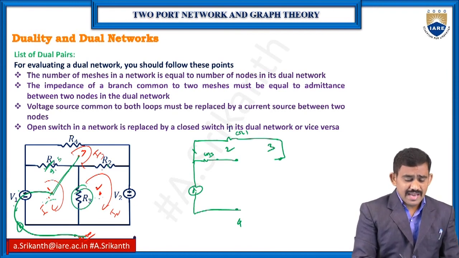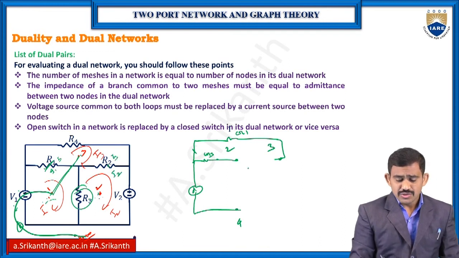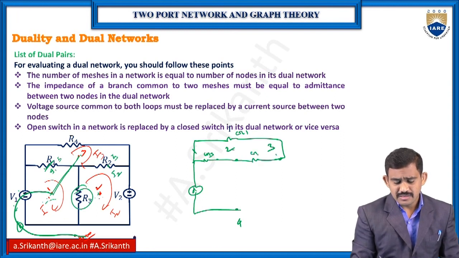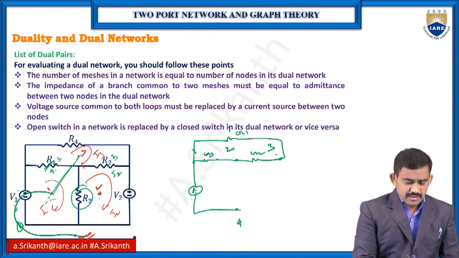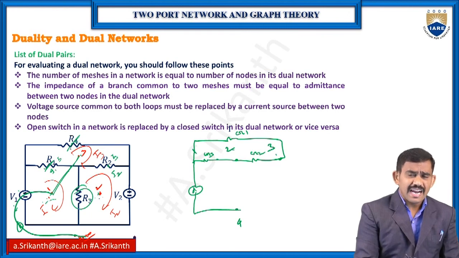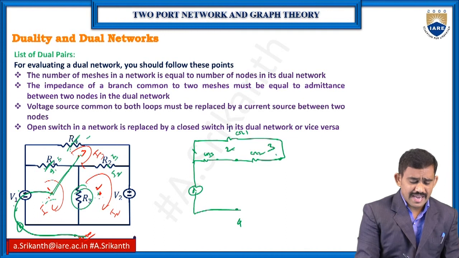Coming to R2, I have I3 current as well as I2 current, so between nodes 2 and 3 I have G2. And for R4, we have only the I3 current, so the 4th node means only one current.